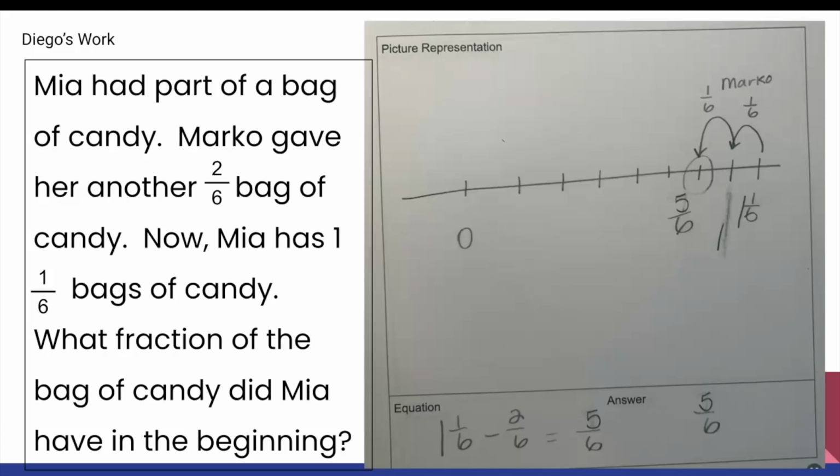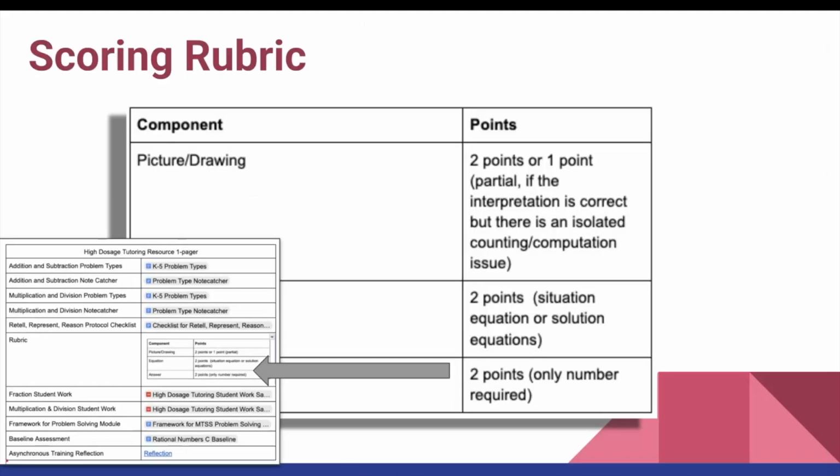Let's look at some more student work. You will score the next set of student work using the same scoring rubric. Students may receive 2 points for a picture or drawing, 2 points for a matching equation, and 2 points for the correct answer. Remember that the equation may match the situation taking place in the word problem, or it may be a strategy equation.